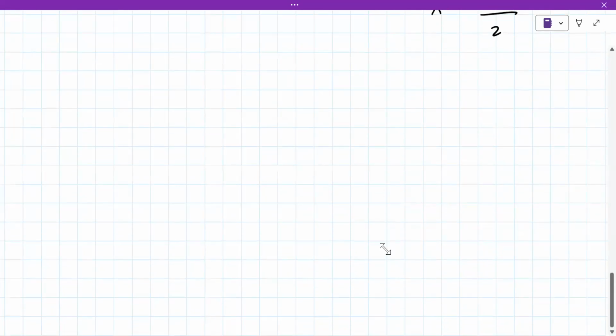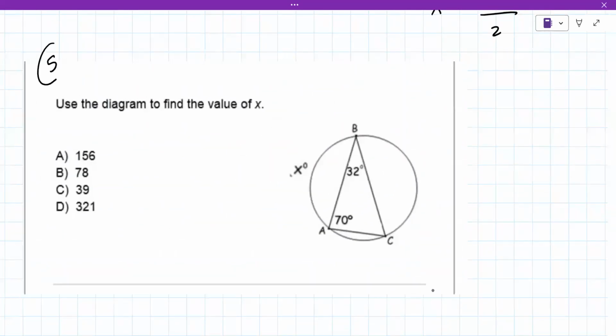All right. Question 5. Here we go. Question 5 says use the diagram to find the value of X. Now, one of the things you might do is find the missing angle in the triangle first. 70 degrees. What's the missing angle in the triangle? Yes, the missing angle is 78.